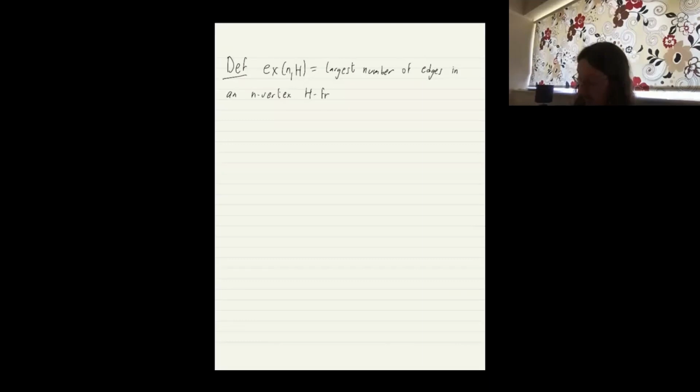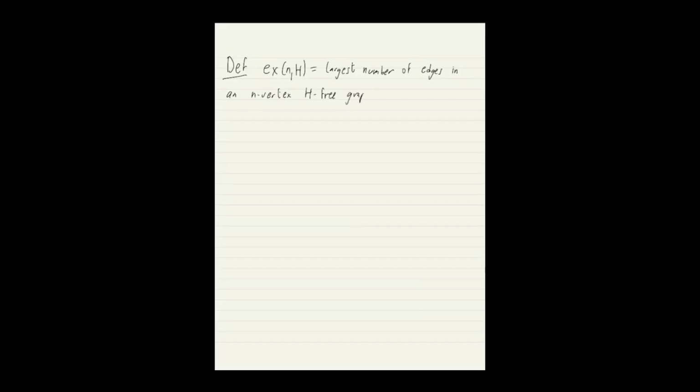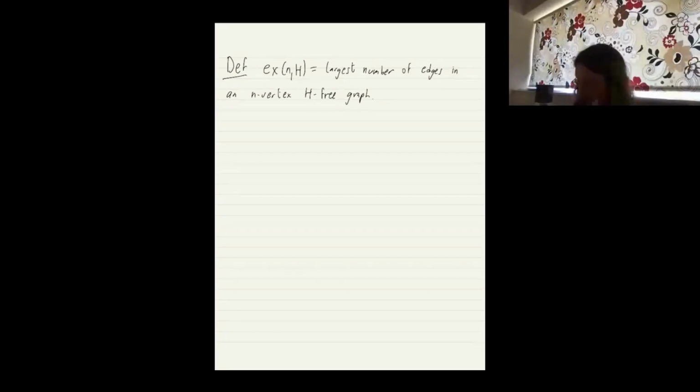Okay, and the classical result there, or the oldest result there, is this result of Mantel, from 1907. And there, the result is that the extremal number of triangles is the floor of n squared over 4.